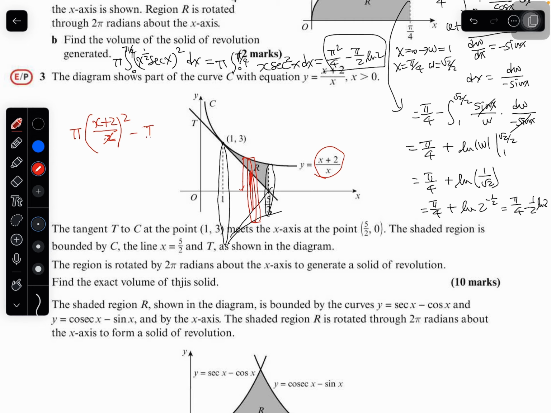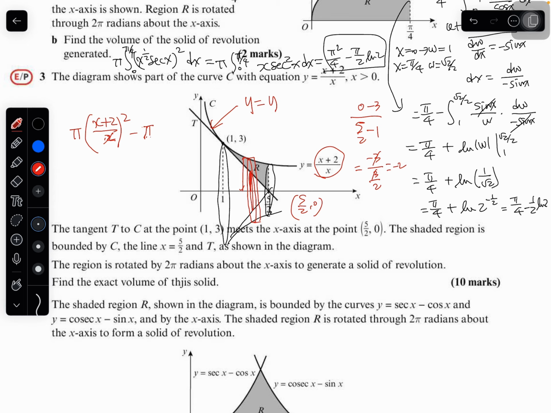So pi, and the radius is from the equation of this tangent, y, through 1, 3 and 5 over 2, 0. So the gradient is 0 minus 3 over 5 over 2 minus 1, which is 3 over 3 over 2, negative 2.